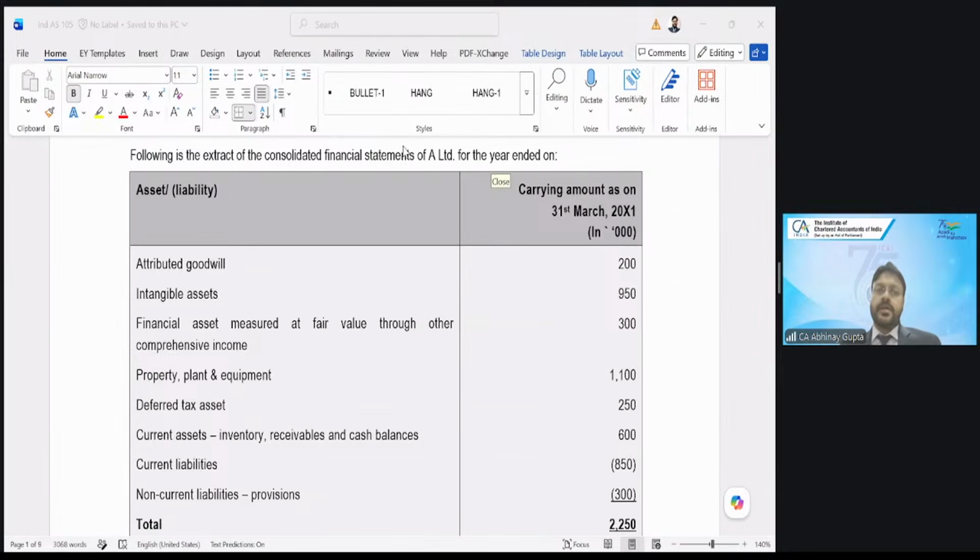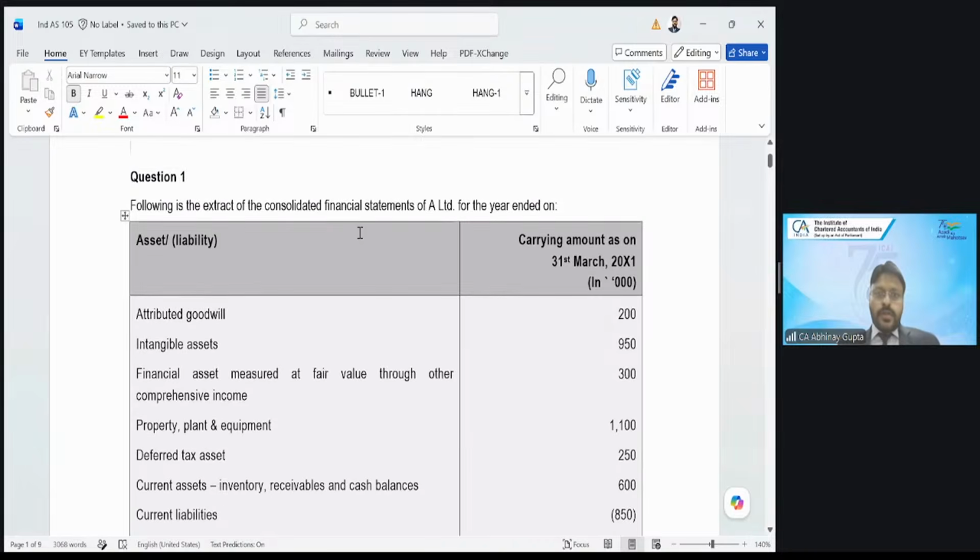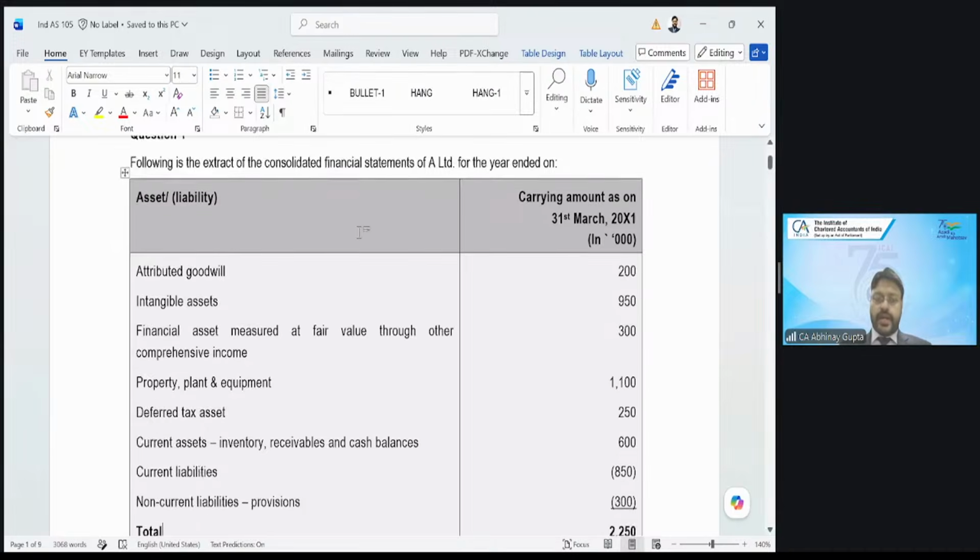Okay. So this is question number 1. The following is the extract of the consolidated financial statements of A Limited for the year ended 31st March 2001, right? So there are certain assets and liabilities stipulated in the table below, and all the amounts are in thousands. So what are those items?